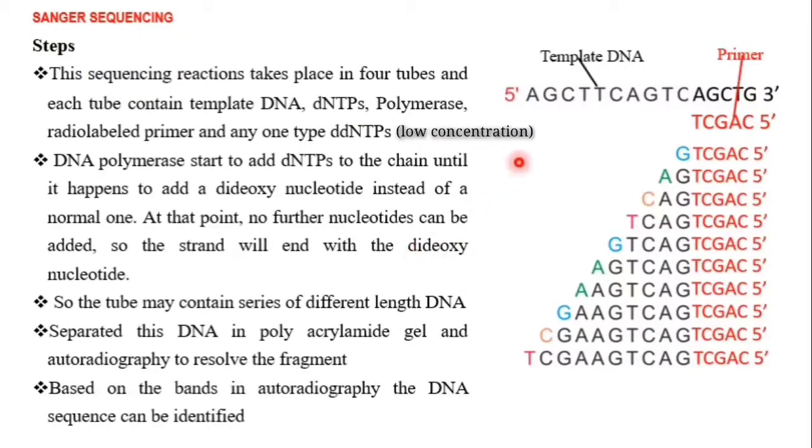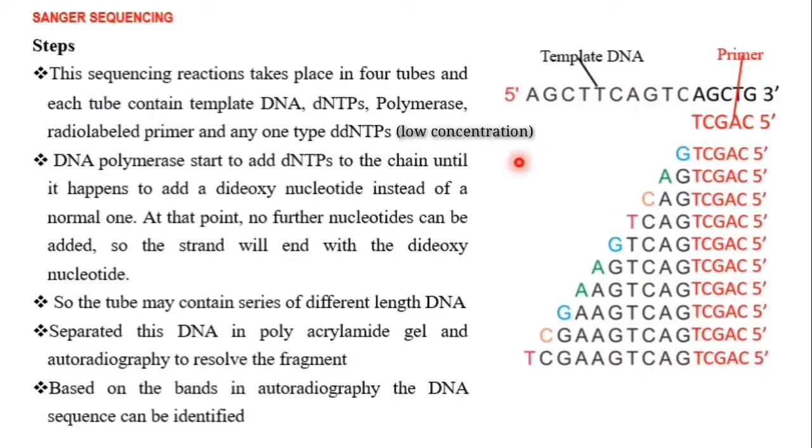These four tubes contain template DNA, dNTPs, that means normal nucleotides, DNA polymerase, radiolabeled primer, and any one type of ddNTP. That means one tube may contain ddATP, another ddTTP, another ddCTP, and another ddGTP.